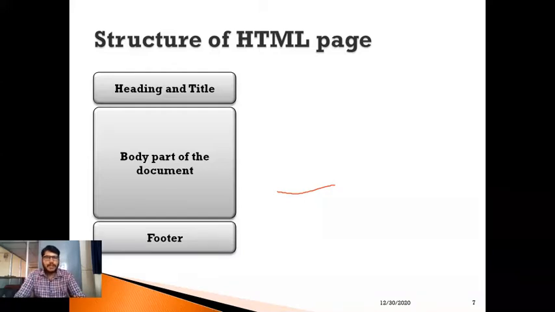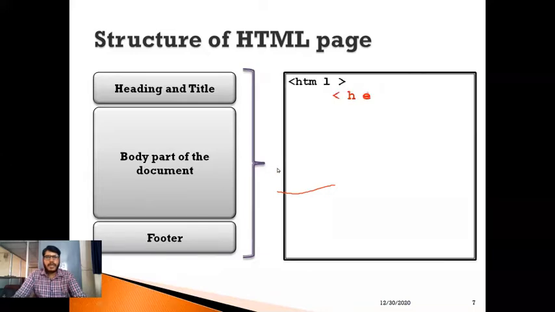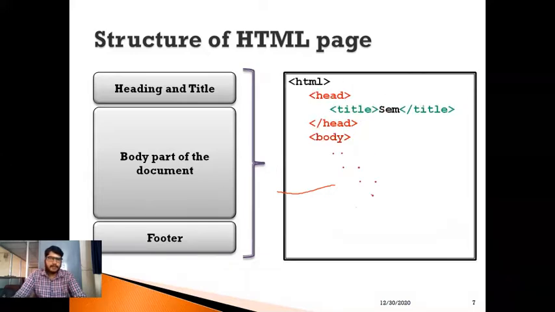Heading section, it is also called the title section, body part of the document, and footer part of the document. Respectively, we have to generate a code here. The same we can implement with the help of HTML code like this. As you can observe here, this is the HTML tag.